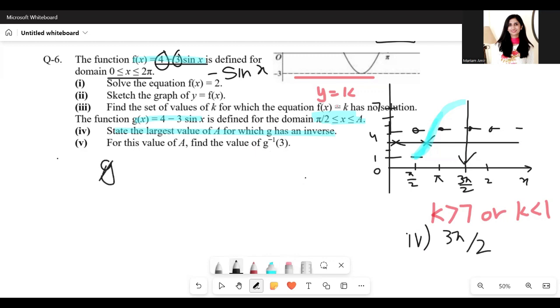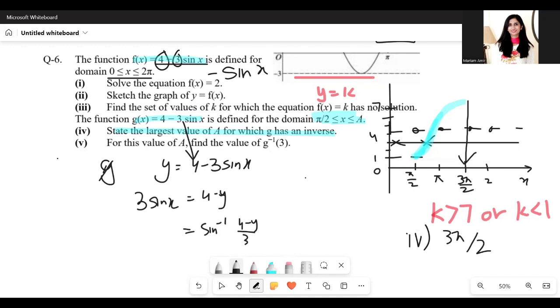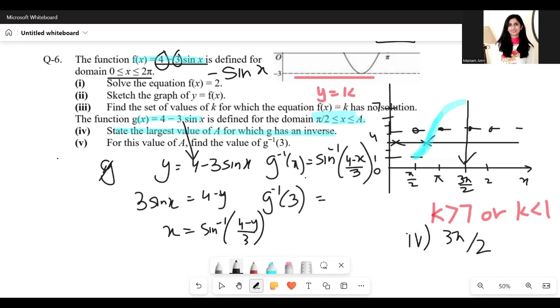So I'm going to write y = 4 - 3 sin x. Then 3 sin x = 4 - y, and 3 gets divided, and we take sine inverse, or g inverse of x = sin inverse of (4 - x)/3. Now g inverse of 3 would be sin inverse of (4 - 3)/3, which gives sin inverse of 1/3, which is 0.3398.